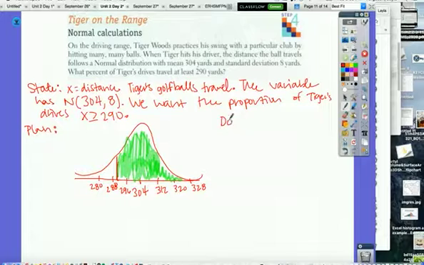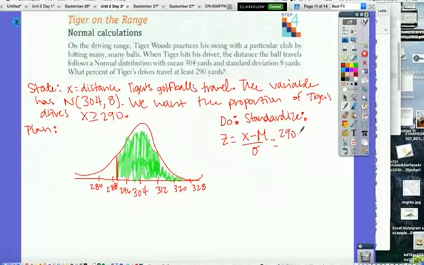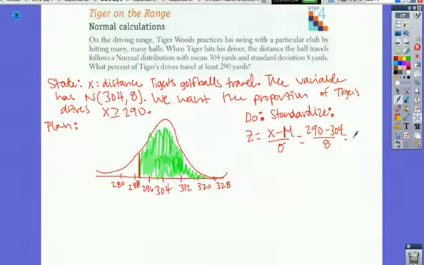Alright, for the do step. We've done 1 and then 2, now we're on 3. For do, what you need to do first is to standardize. When we standardize, what we mean is get the z-score. The way that we do that is z is equal to x minus mu over the standard deviation. So that would be 290 minus 304 over 8, which would give us negative 1.75.